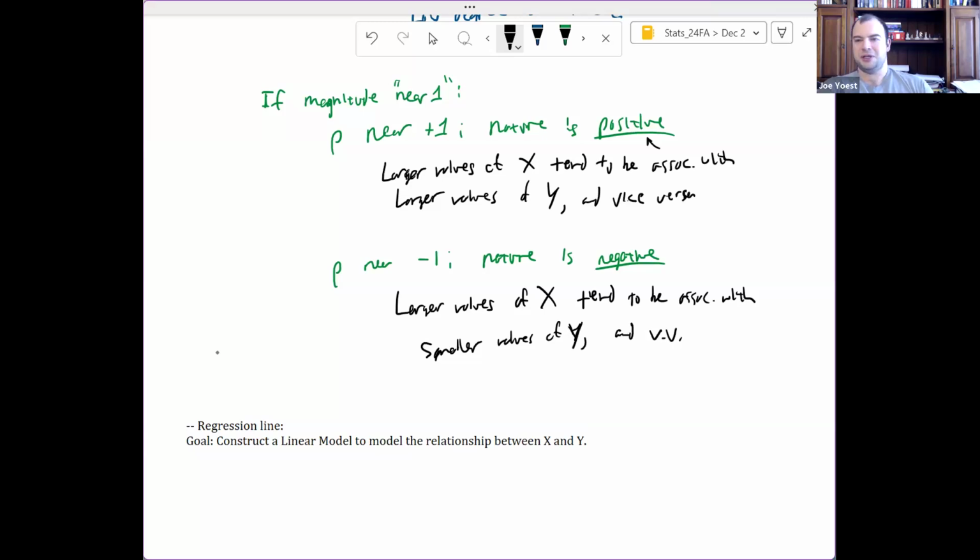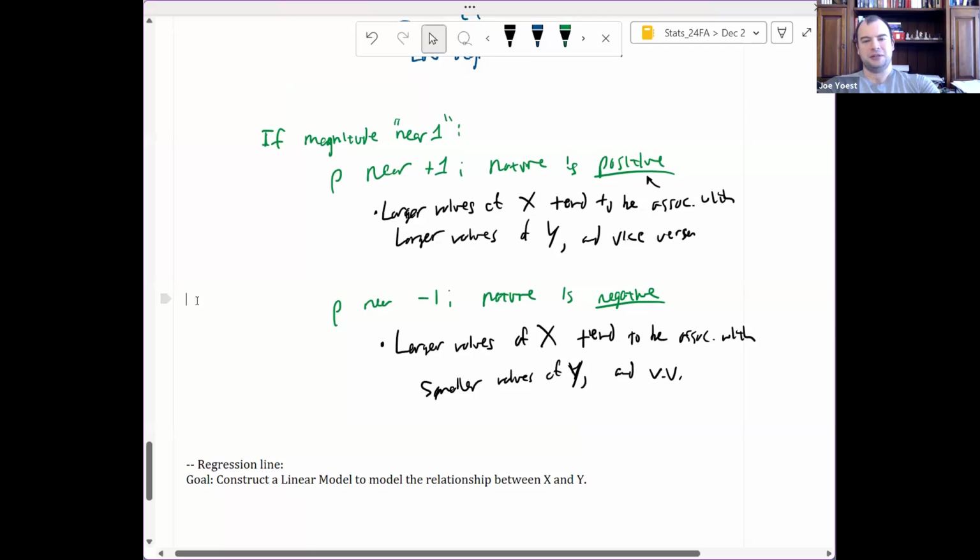Just write VV, since I forgot how to spell vice. So a rho near negative one is where there's like a trade-off, where having more of one thing is typically associated with having less of the other thing.